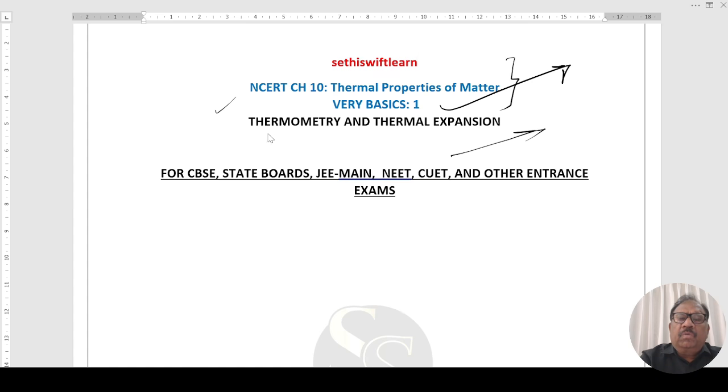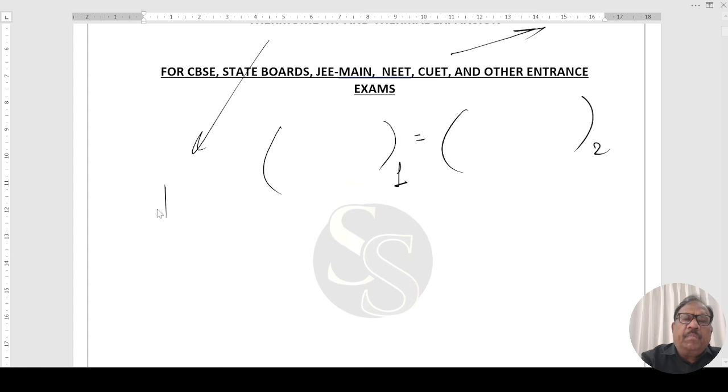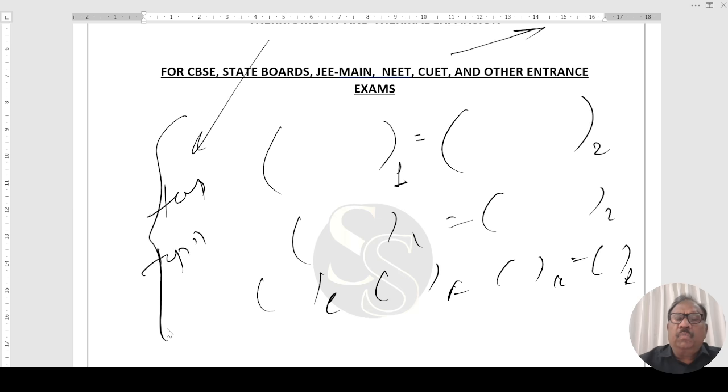In today's session, we are going to discuss temperature scale 1 and temperature scale 2, and the temperature difference of scale 1 equal to that of scale 2. The relation between degree centigrade, Fahrenheit, Kelvin, Reaumur, all these are going to be discussed.